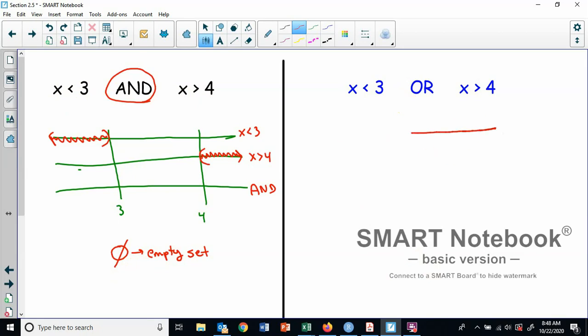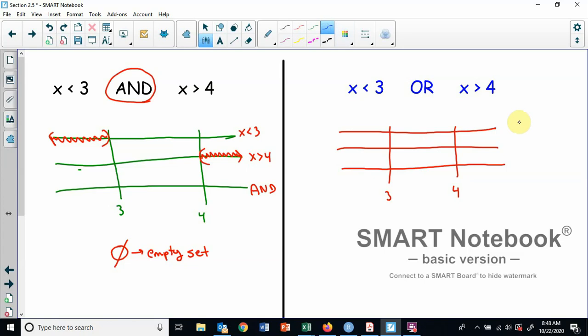Okay. So with an OR, this would be completely different. ANDs and ORs have completely different meanings to them. 3 and 4. So let's graph. What is it? X is less than 3. So go to the 3. Less than is this way. We should already know how to graph this since we're just using the same one, but this is greater than 4.